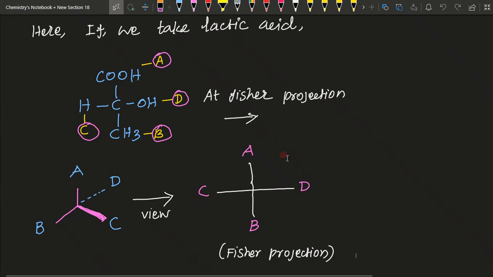In Fischer projection, we already see the three-dimensional arrangement of groups or atoms in two-dimensional form. It is called projection. So if you don't understand, please pause the video and see. Here A is top, B is the bottom in Fischer projection.